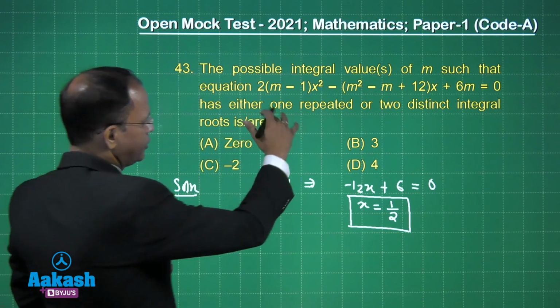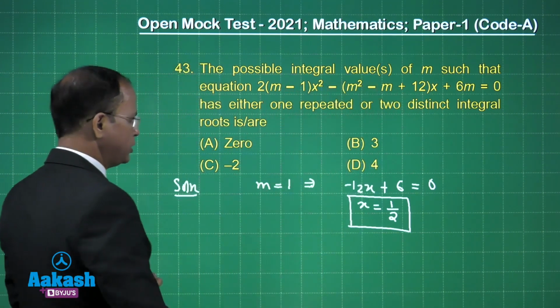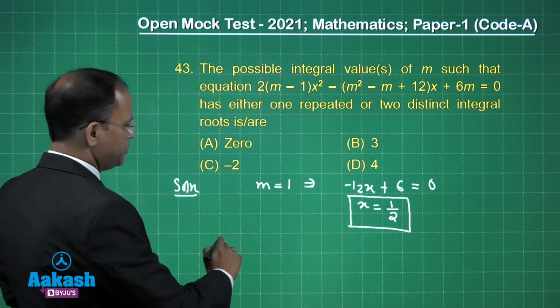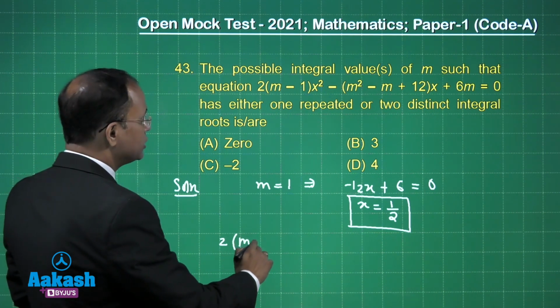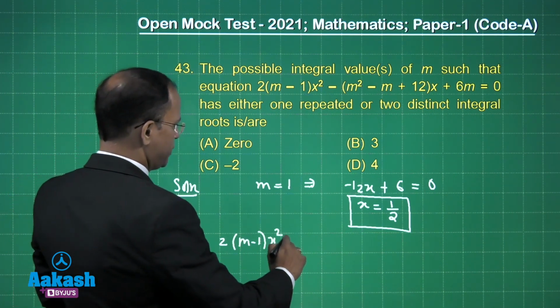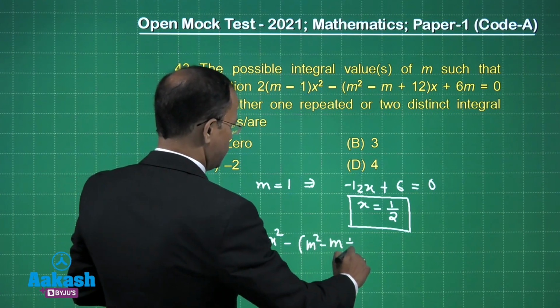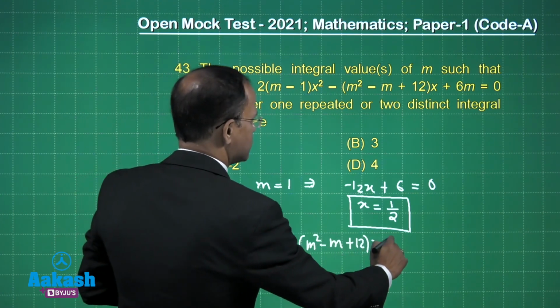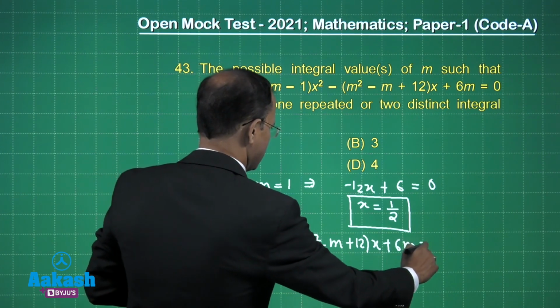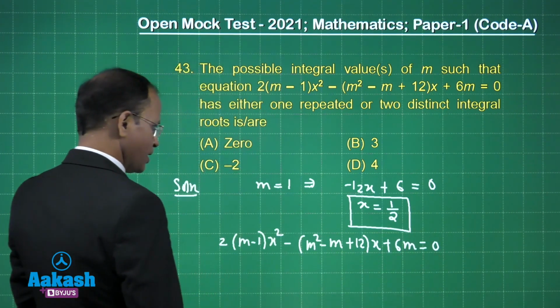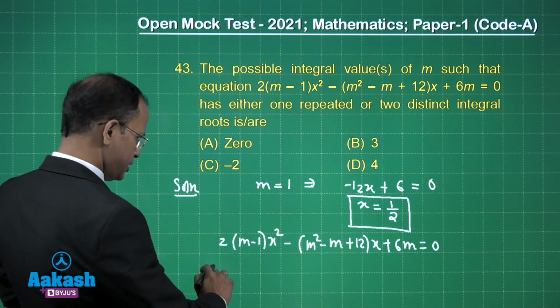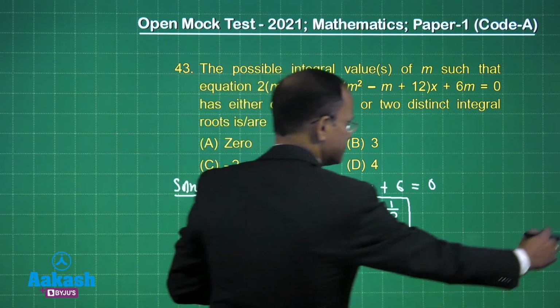Let me factorize this whole equation. So what we have is twice of m minus 1 into x square, minus of m square minus m plus 12 times x, plus 6m, and this is equal to 0, right? Now let's see if we can factorize this part.